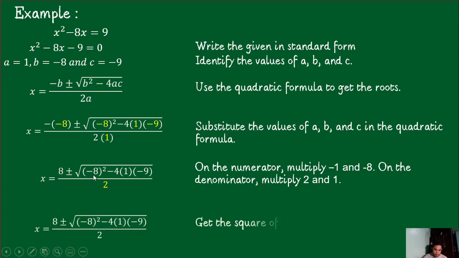Next, get the square of negative 8. Kukunin natin ang square ni negative 8. The square of negative 8 is negative 8 times negative 8, which is equal to, okay, very good, 64. So now we have here 64.